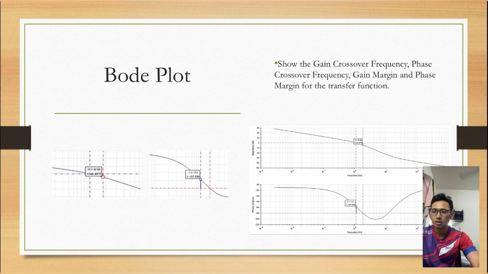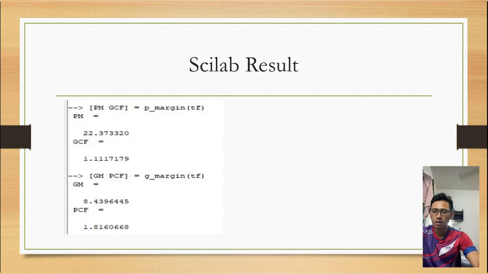The gain margin is negative 8.277, and for the phase margin we need to do the substitution from 180 minus 157.539, and we get the phase margin. This is the result from Sisolab, and this is also a result from Sisolab.